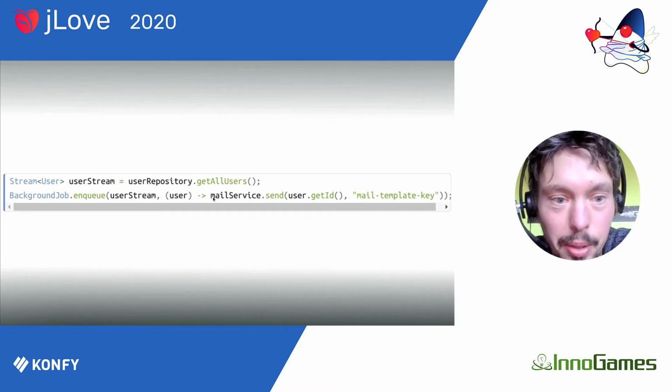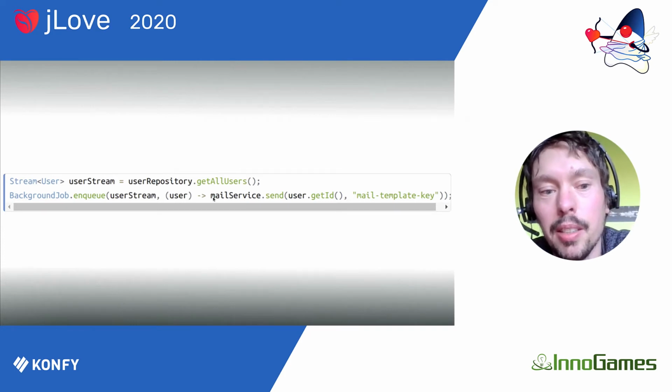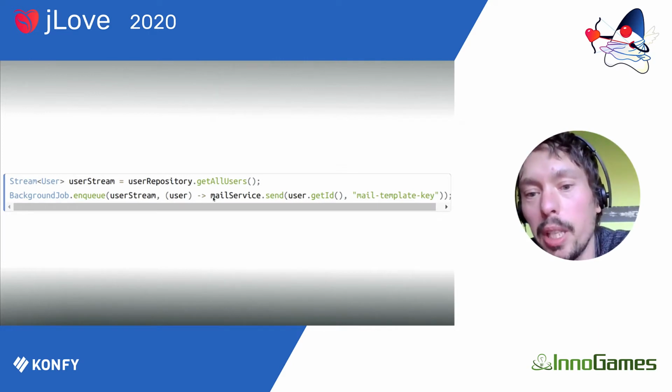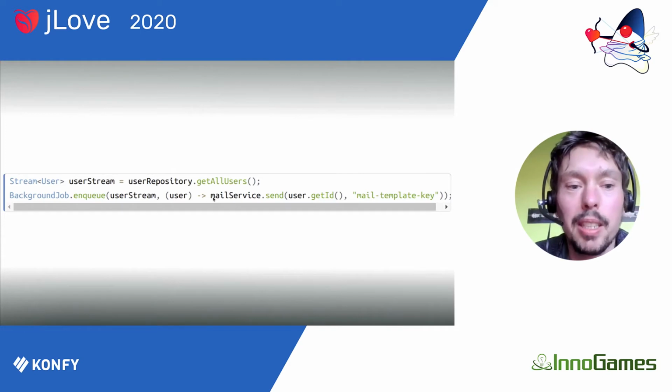And that's great because JobRunr also accepts a stream, and then for each item in that stream, we can do something. So here, the user stream we pass as the first argument, and then for each user in that user stream, we can, for example, send a certain mail with a certain template and send that to the user completely in the background.